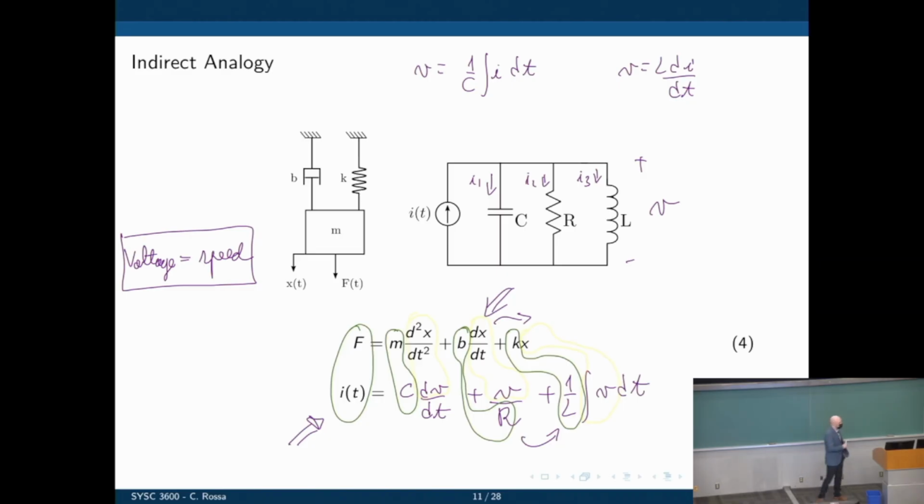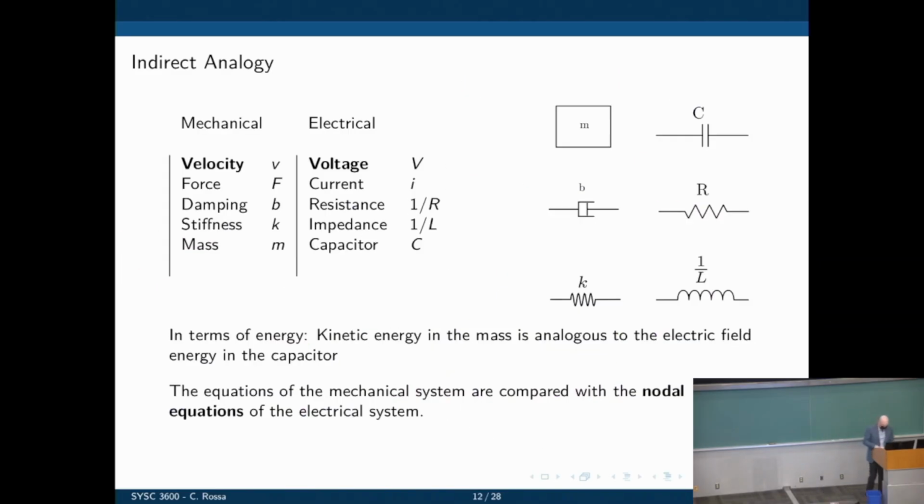So let me summarize this second assumption, which we call the indirect analogy. Here we have the equivalent of, this is 1 over R, by the way, in this second analogy. Now, the capacitor is equivalent to mass, both store energy. The resistance and the damper are there to dissipate energy, same as before, but now we see the 1/R showing.